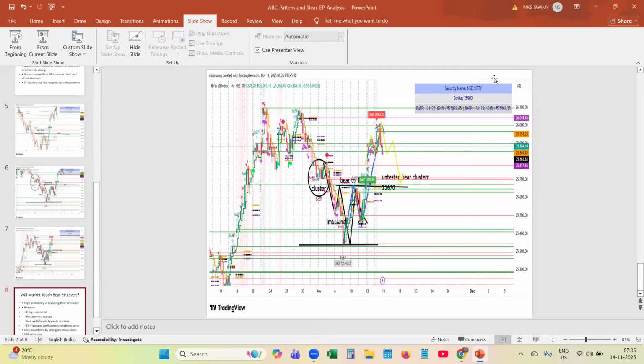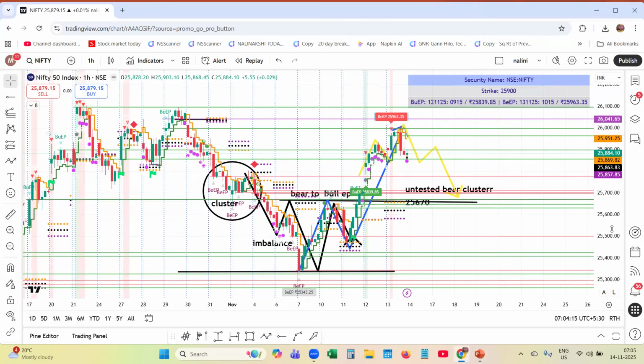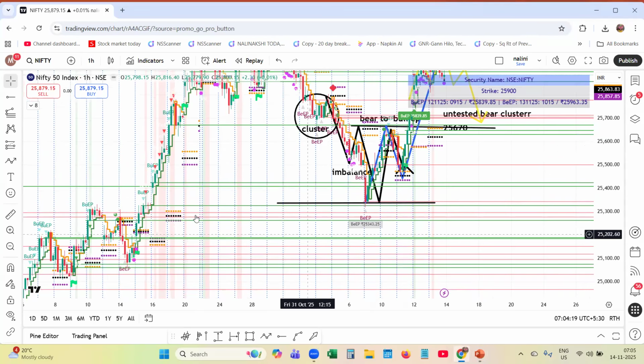Okay, let me go back and take you to the chart so that you can see very clearly what has happened in the market. You can see over here, the market started with the cluster. This is the consolidation zone. The market always starts with a counter.